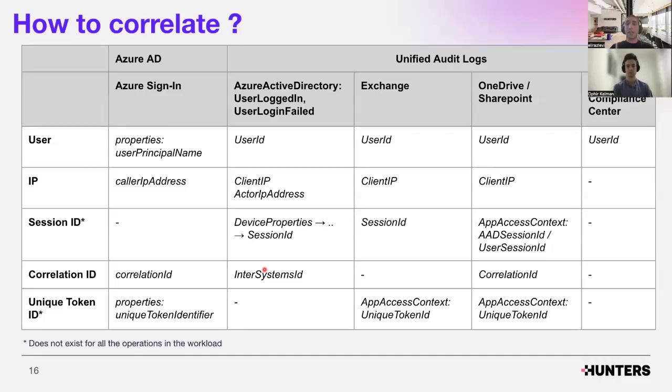And even if they exist, some of them have different names. So the following table is a summary of the different ways to conduct an effective correlation.